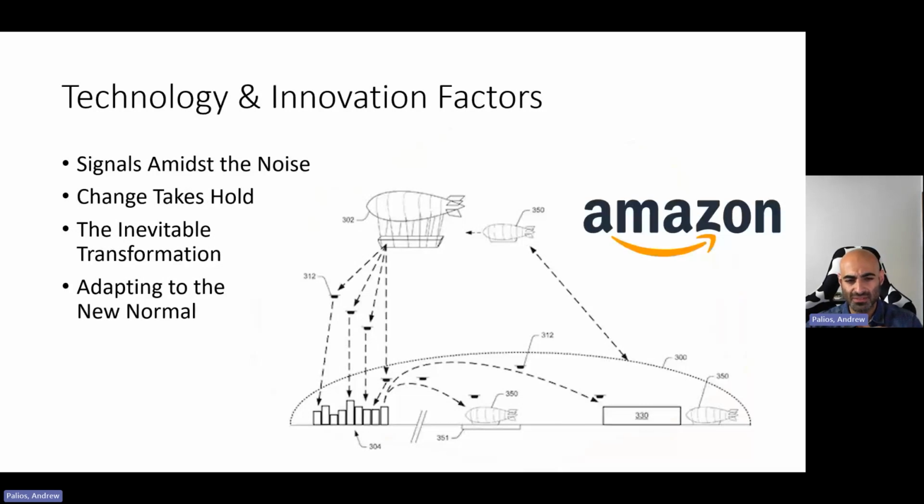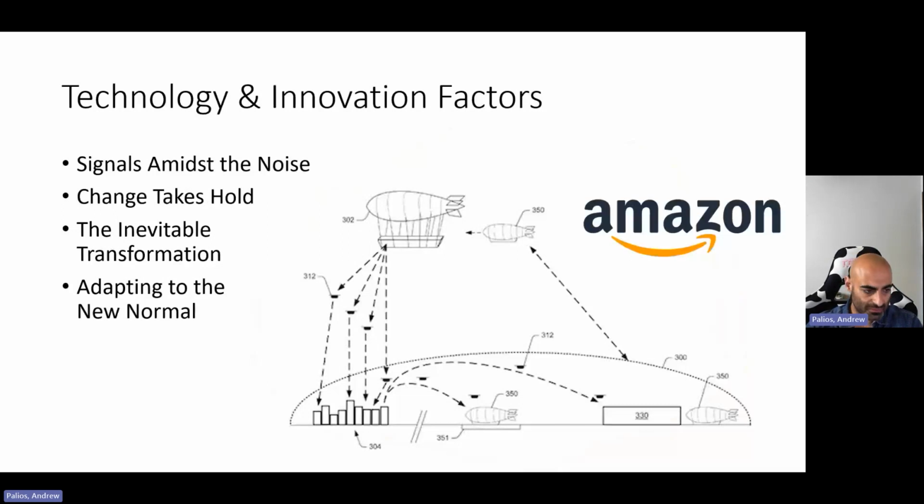So there's certain things that happen in the beginning and in the middle of the process, and then towards the end when the market actually accepts this technology innovation, and then even other companies are actually born out of the innovation. So let me give you a quick example before I let you go.